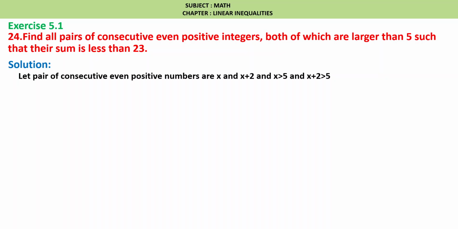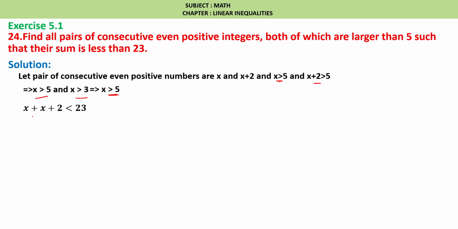So the pair of consecutive even numbers is x and x + 2. But it's given that this number is greater than 5 and x + 2 is also greater than 5. This implies x is greater than 5 as well as x is greater than 3. That implies x is greater than 5.